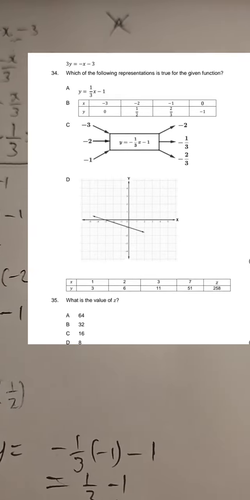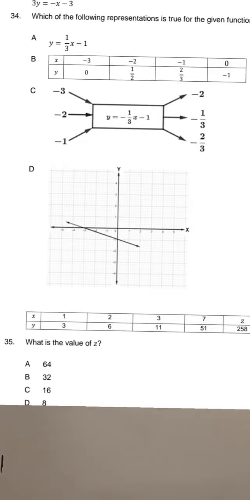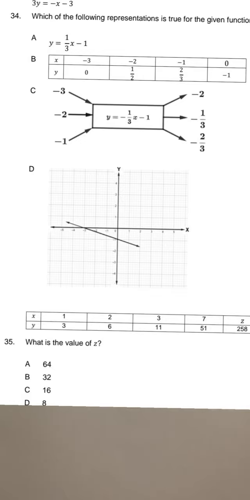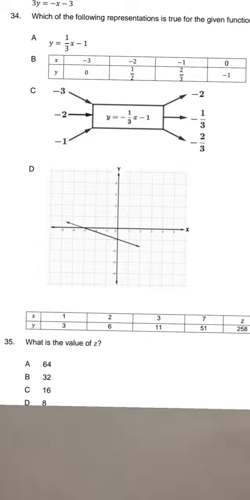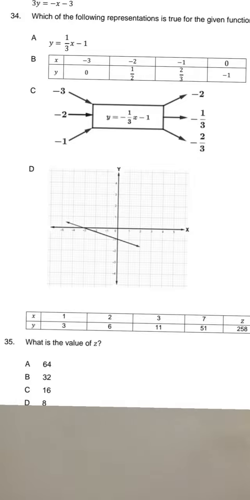Now let's look at the function itself, the graph. I have a graph here. I can see the x-intercept is -3. So the coordinates there are -3 and 0. Then with the y-intercept, I can see I have 0 and -1.